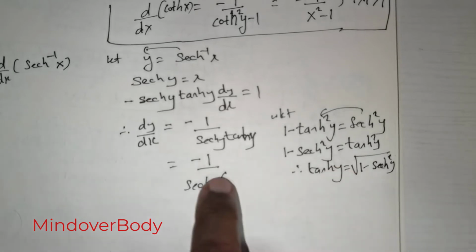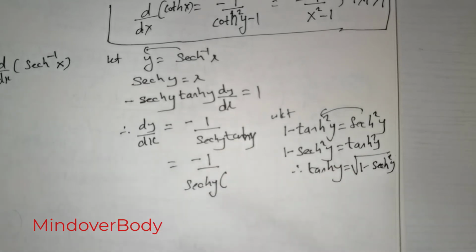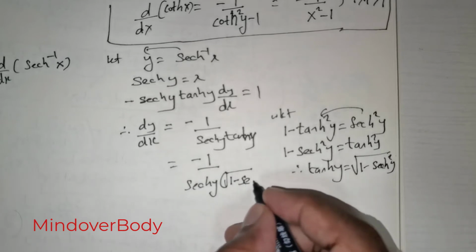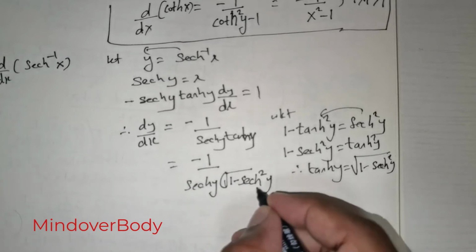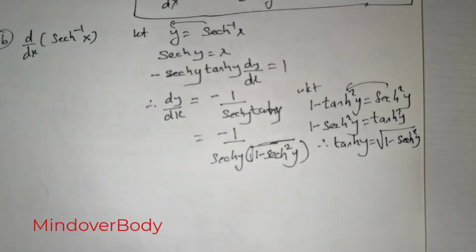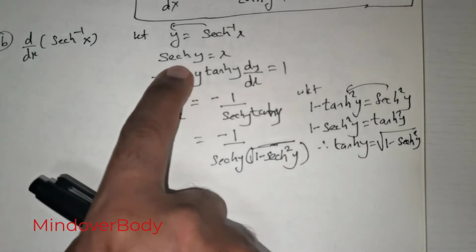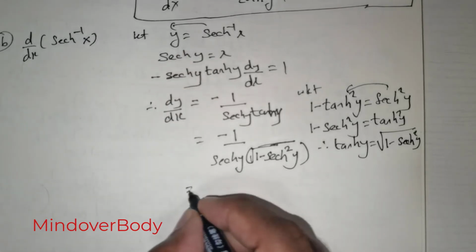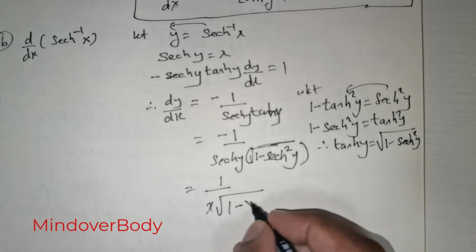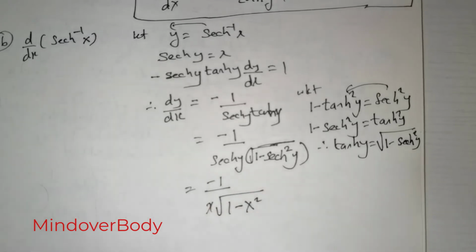So I will be using this over here. So that means I get a root of 1 negative secant squared y. This is what I get. But secant y is equal to x. So this is equal to 1 over x root of 1 negative x squared. Of course you have a negative sign.